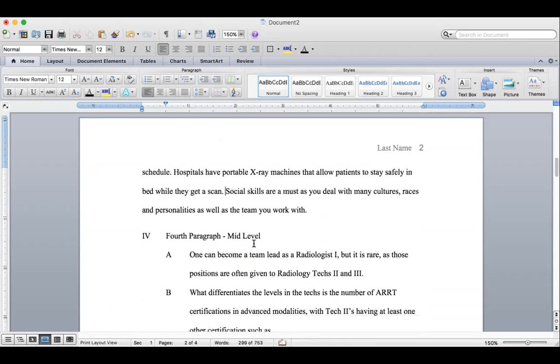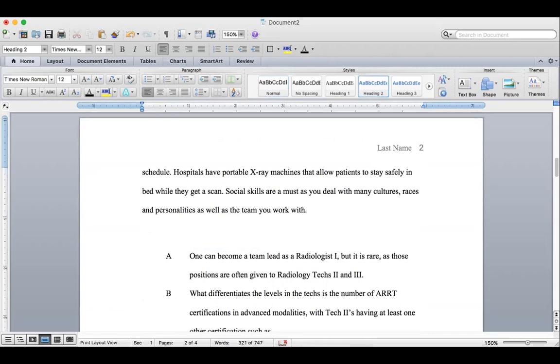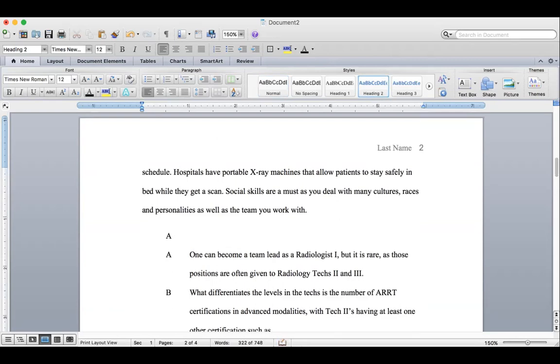All right, now this one is the mid-level. After becoming a radiology Tech 1, a person can move up to 2.